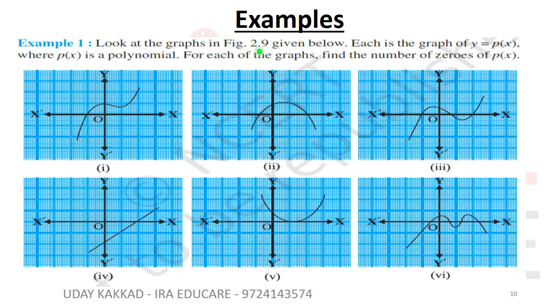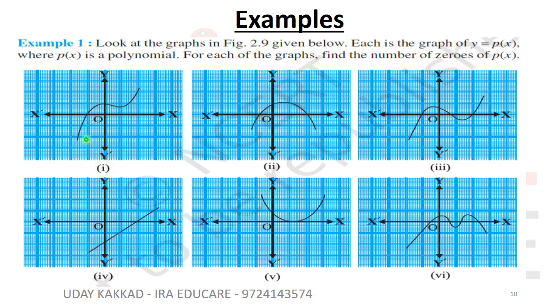Look at the graph in figure 2.9 given below. It is the graph of y is equal to p of x. So here the y-axis is nothing but p of x, where p of x is the polynomial. For each of the graphs, find the number of zeros of p of x. So we have to find the number of zeros. So how many times the graph intersects the x-axis, or how many points are there, okay.